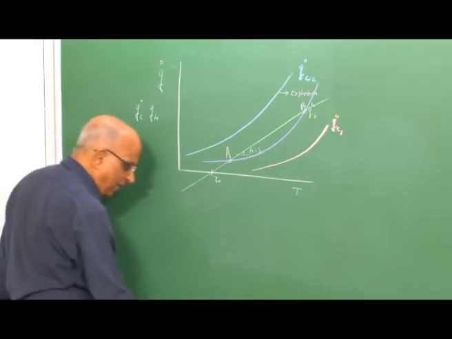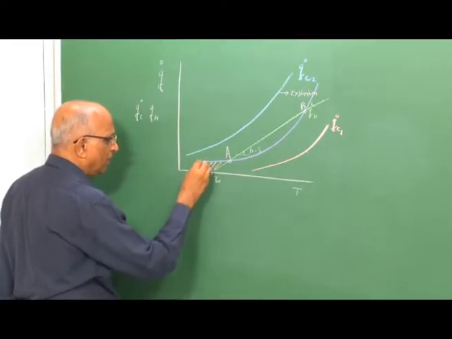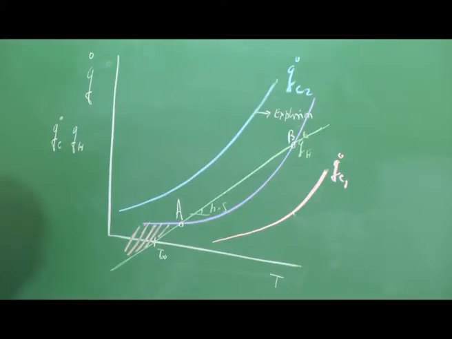At point A, I have a zone to the left of this point, in this particular zone. If I take any point, I have a temperature T_A corresponding to point A, and in this zone, if I take any temperature, I find that the heat release is greater than the heat loss, that is the heat transfer out of the volume, and therefore the temperature will build up and at the next point it will come over here.